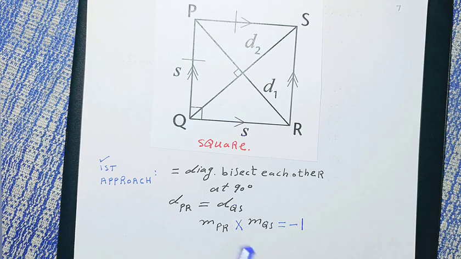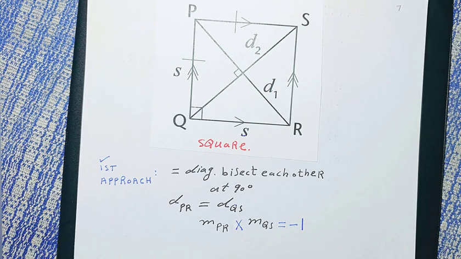But if they didn't say that this is a parallelogram, you need to prove this is a simple quadrilateral and prove it is a square. So obviously, first you need to prove this is a parallelogram, and then you can fulfill these two conditions.